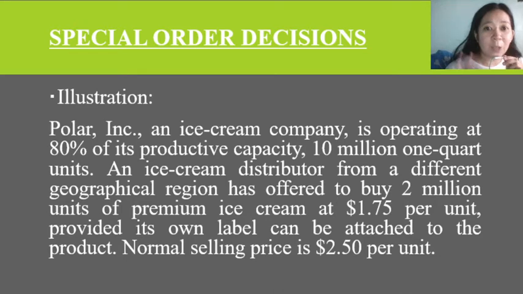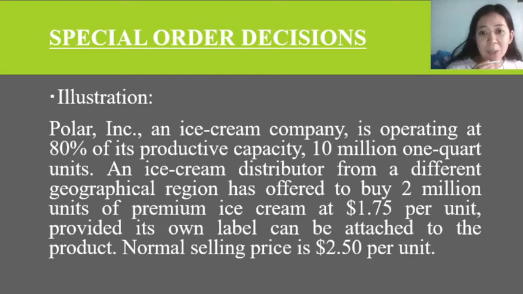To illustrate the special order decision, we will use Polar Incorporated. They are an ice cream company. They operate at 80%, meaning they are not operating at full capacity. They have excess 20% capacity. Of its productive capacity, there are 10 million 1-quart units.